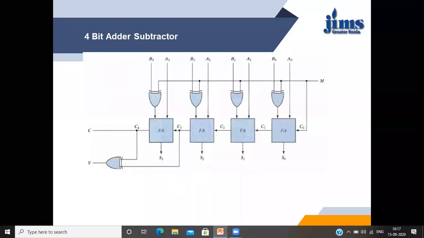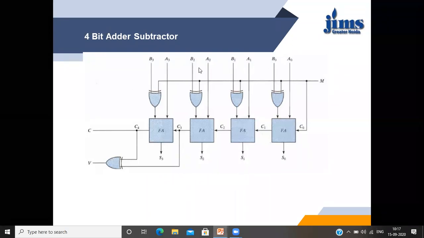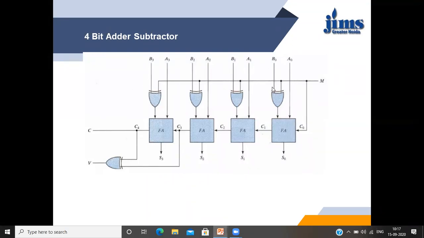So in this manner, we have applied M as the control input. A0, A1, A2 and A3 are fed directly to the full adder, and B0, B1, B2 and B3 are fed through the XOR gates. Now consider the case when M equals 0.